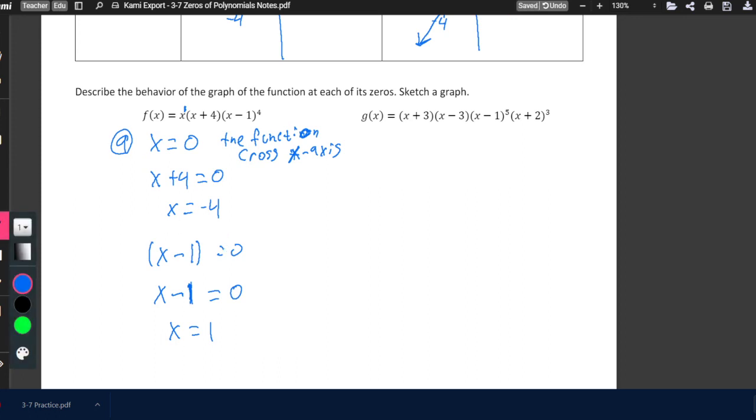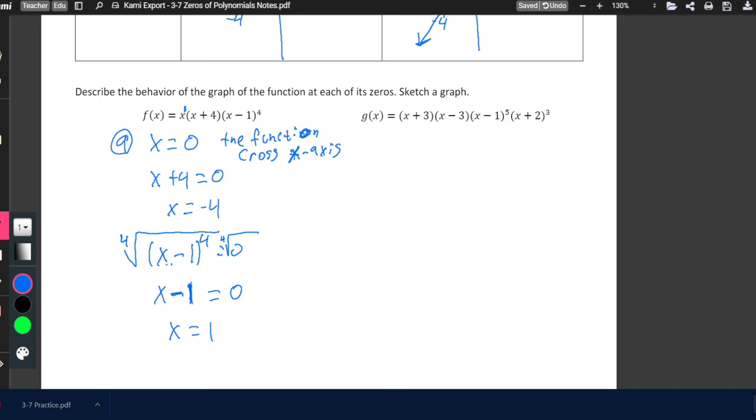You remember square roots. It's the same symbol as a square root. Let me draw it more properly. Except since we're doing the 4th root, because we have (x minus 1) to the 4th, we write a little 4 out in front of it, just to indicate that we're taking the 4th root. You don't actually have to know how to take the 4th root. It's just to show that if you take the 4th root of anything to the 4th power, you just get the same thing out. So that's why when we took the 4th root of (x minus 1) to the 4th, we just get x minus 1 out.